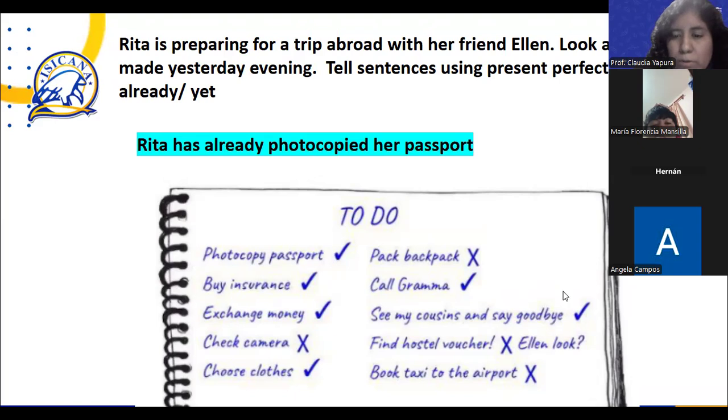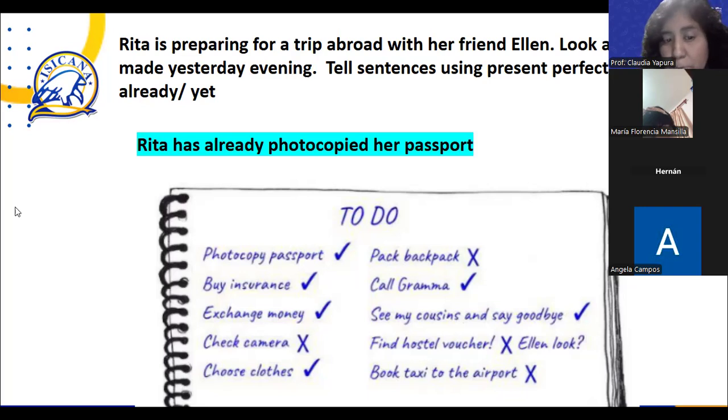What can you tell me about the other sentences? Buy insurance, exchange money, check camera, choose clothes, pack a backpack, call grandma, see my friends and say goodbye, find a hostel voucher, and book taxi to the airport. Yes? Okay, take some minutes to prepare.